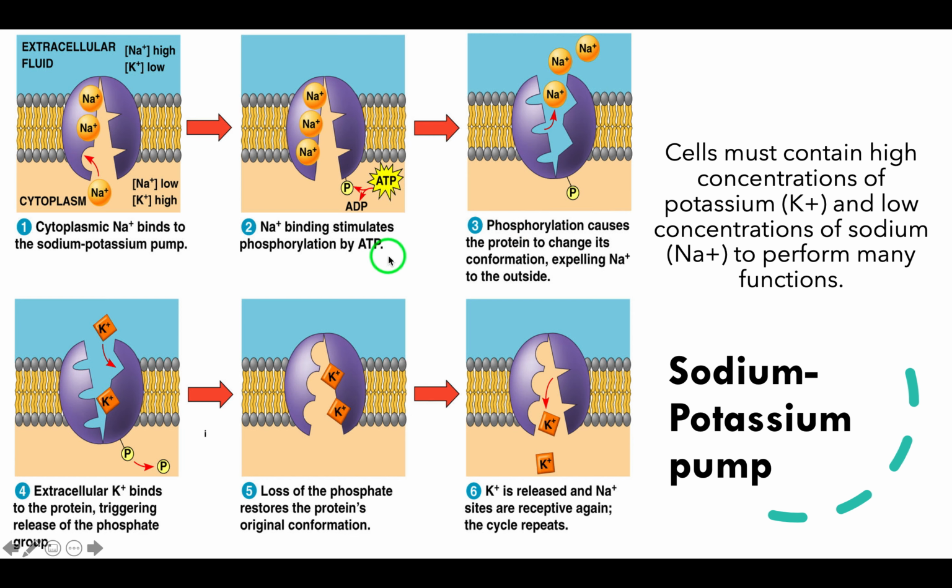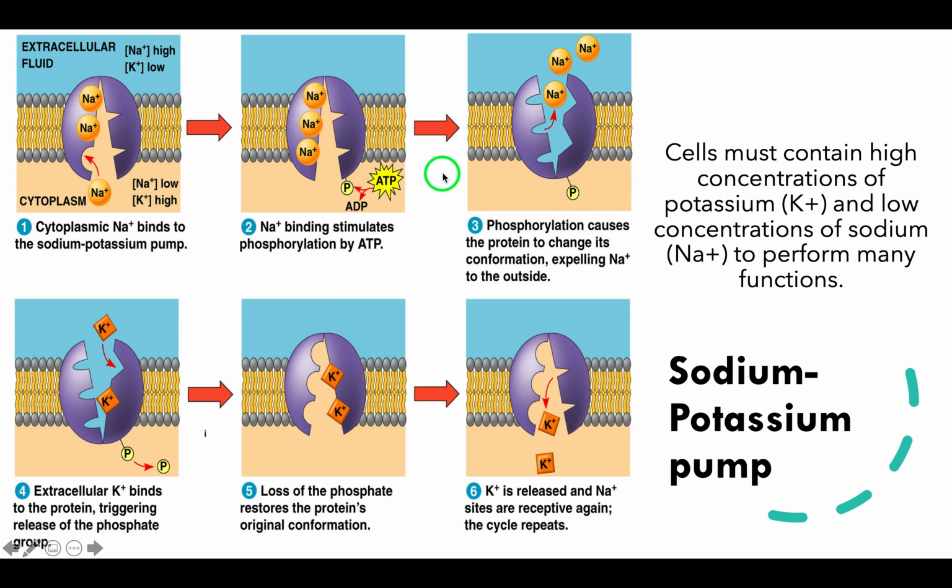For you not to be confused, let's focus on sodium. Sodium ion is high outside the cell and low inside. As mentioned, the cell needs to maintain a low concentration of sodium inside. That is why the cell will expel sodium ions outside even if there is already a low level of sodium inside.